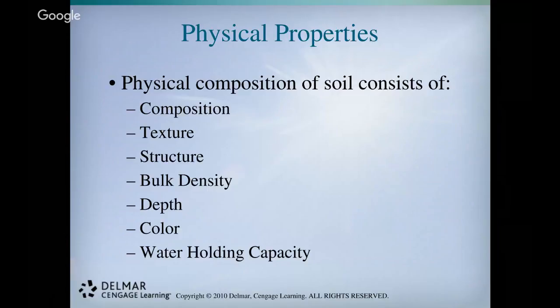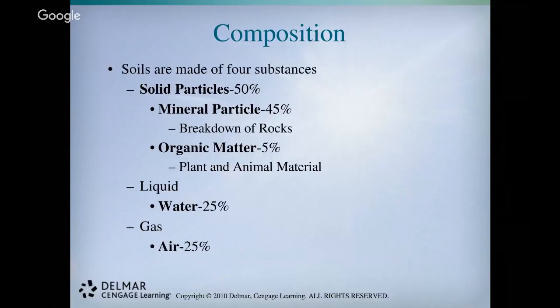Okay, next here. So the first physical property of soil is the composition of what it actually is. Solid particles in the soil. We have mineral particles such as these. Those are all mineral particles, or organic material, organic matter. So 50% of our soil is solid particles.